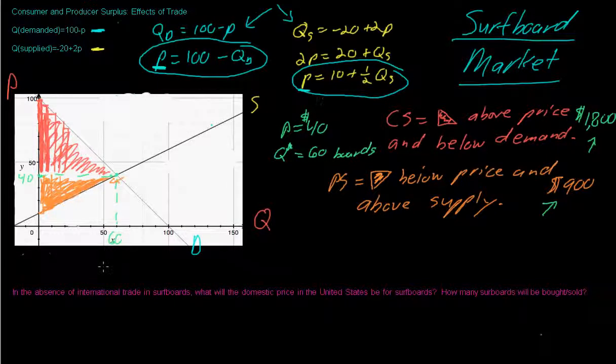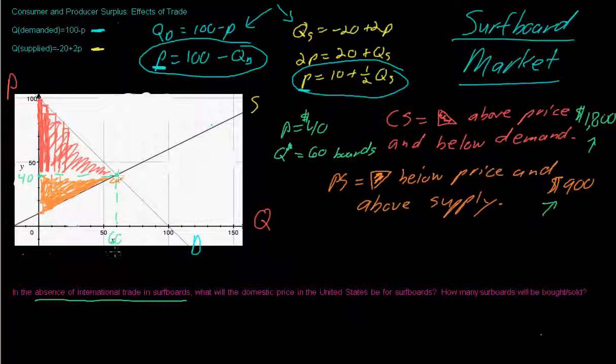So the first question, and this is modeled after your homework, just asking the same kind of questions in general, in a quicker way and without any multiple choice answers. It says, in the absence of international trade in surfboards, what will the domestic price in the United States be for surfboards? How many surfboards will be bought and sold? So we already found that out. In the absence of international trade, this means with no trade at all, we're going to be right here, where supply intersects demand.